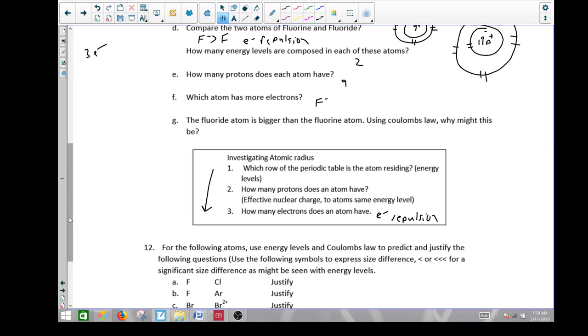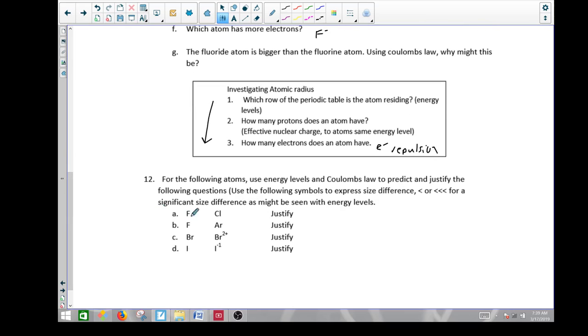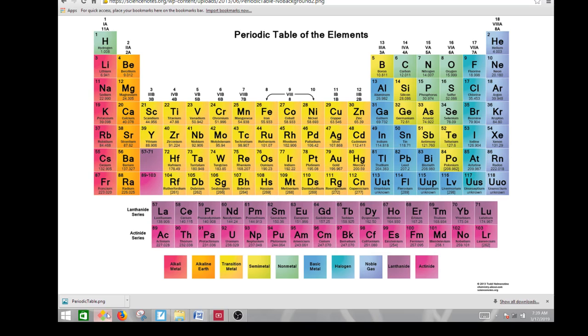All right, next one. For the following atoms, use energy levels and Coulomb's law to predict and justify the following questions. Use the following symbols, size, for significant size differences. Okay, so fluorine, chlorine. First thing I do is I go to the periodic table and I find them. And they're not just picking random atoms.